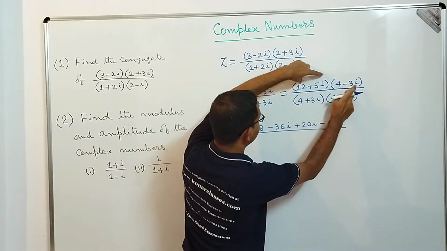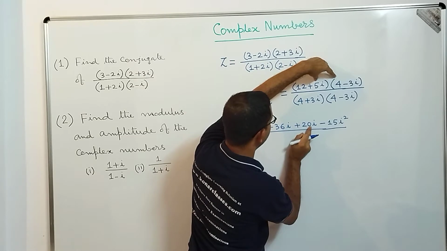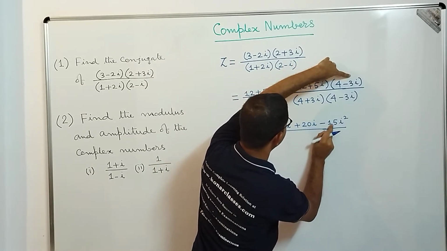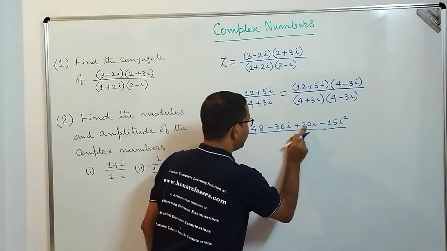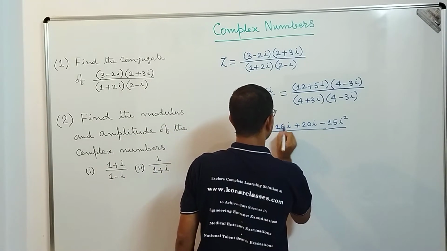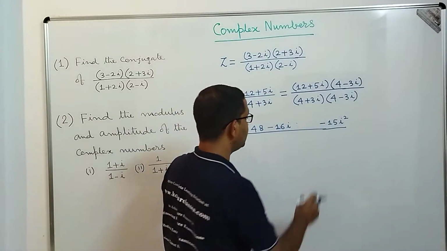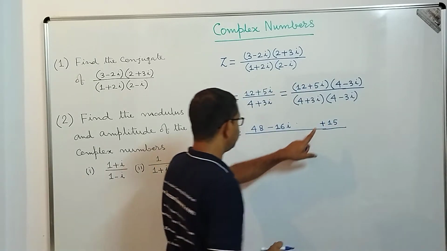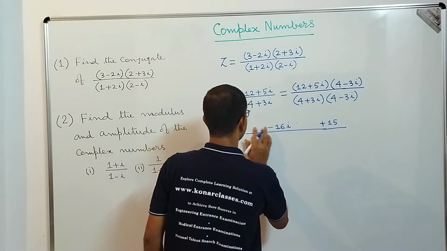Then 12 into minus 3i, that means minus 36i. Then 5i into 4, that becomes plus 20i. And then 5i into minus 3i, that means minus 15i square, correct? Now let's see, minus 36i plus 20i, that means it is minus 16i, correct? Now minus 15i square, i square is minus 1, minus 15 into minus 1 becomes plus 15. Now this 15 plus 48, that becomes 63, correct?